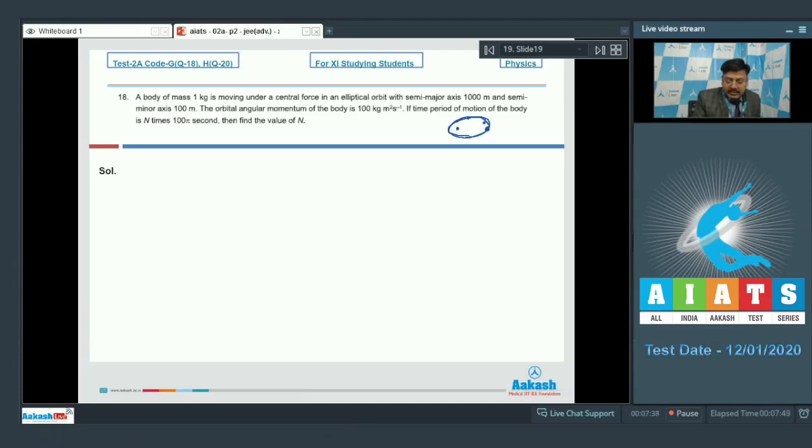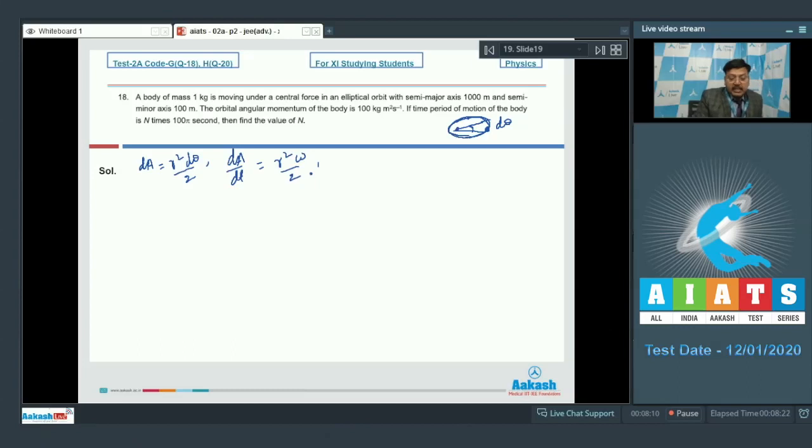In time dt it covers a small angle d theta, then the area described dA is r square d theta by 2, and the aerial velocity dA by dt is equal to r square omega by 2.